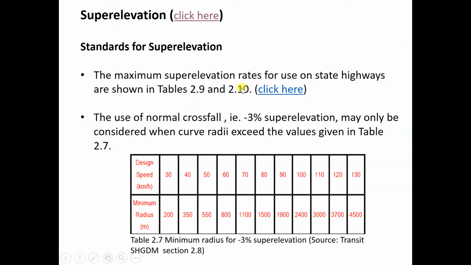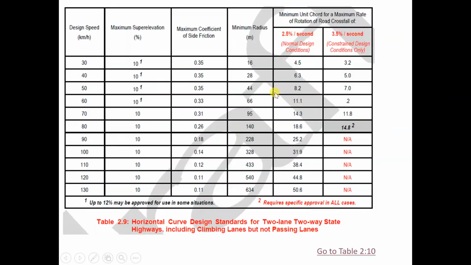The maximum super elevation rates for use on a state highway are shown in tables 2.9 and 2.10. Just now we have looked at that. Depending on the design speed, from 30 until 130, the maximum super elevations are all 10%.